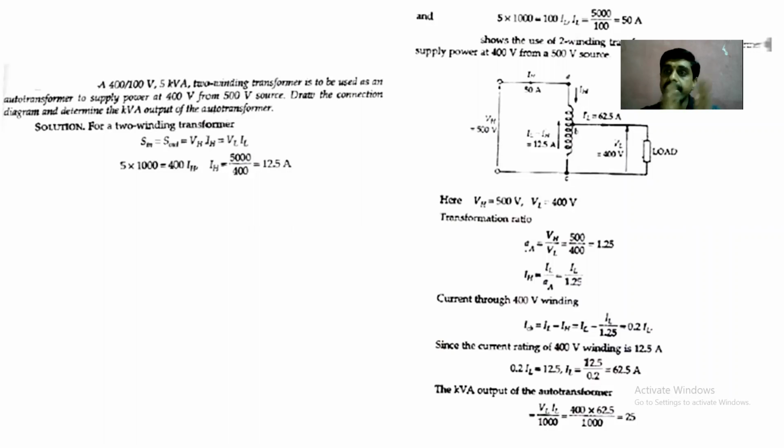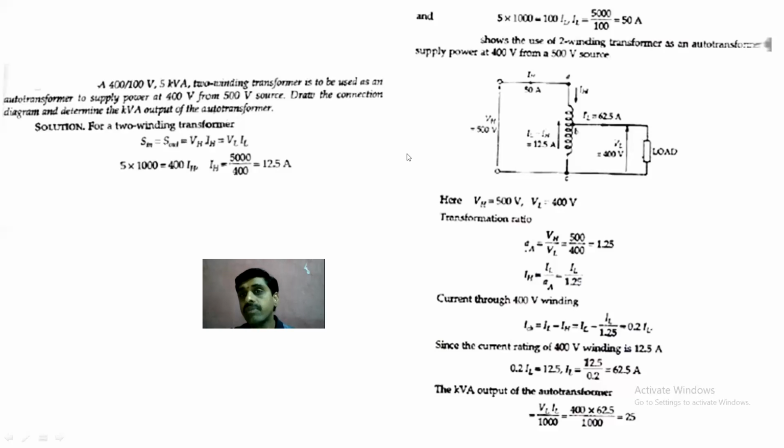So first take it as a two winding transformer, then apply the formulas, because for a two winding transformer, you know, VA rating is the same on both sides. Therefore, VA rating on high voltage side equals VA rating on the low voltage side. You apply this formula, you get the current on the high voltage side. Same way, using the same VA rating formula, you get the current on the low voltage side.